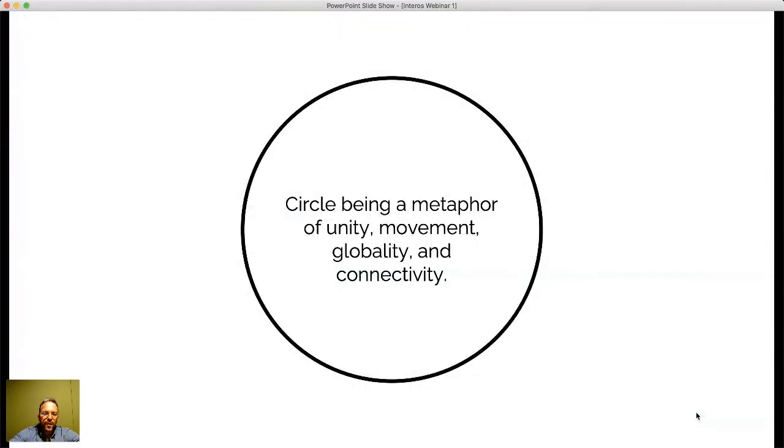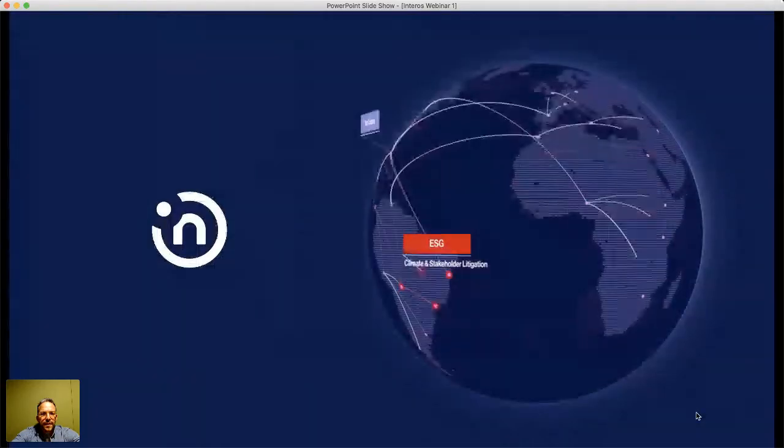From the beginning, the circle construct was really a huge inspiration. And of course, the circle is, as many of you know, a metaphor of unity, of movement, of globality, and connectivity. It's probably not an accident that our logo is actually a circle. The Interos logo is a circle.